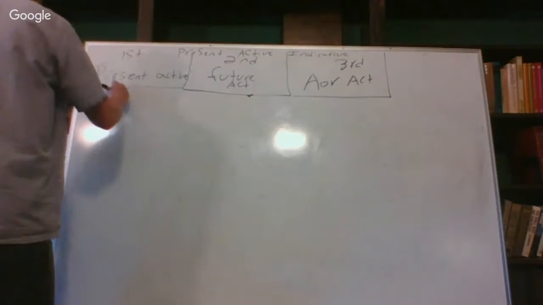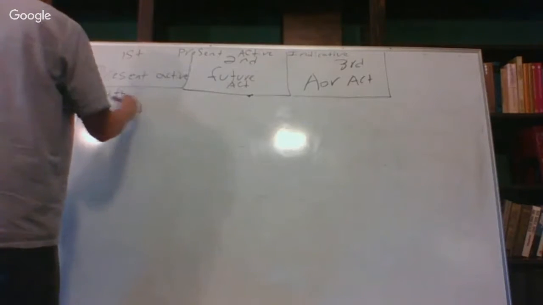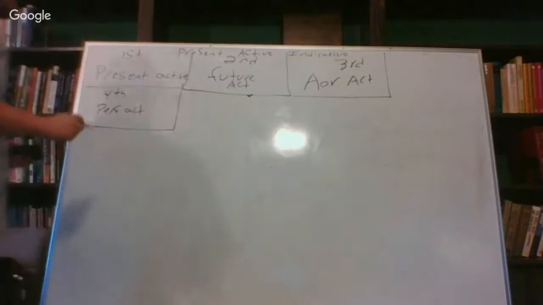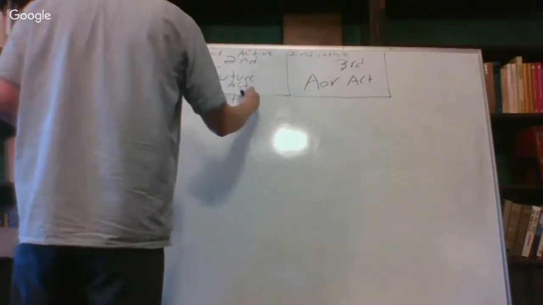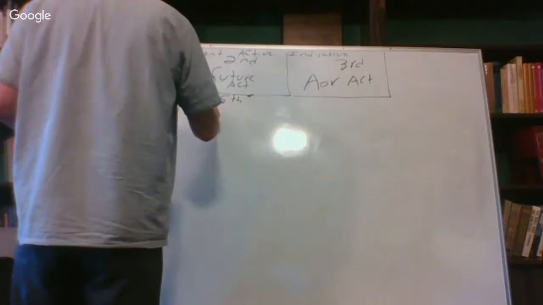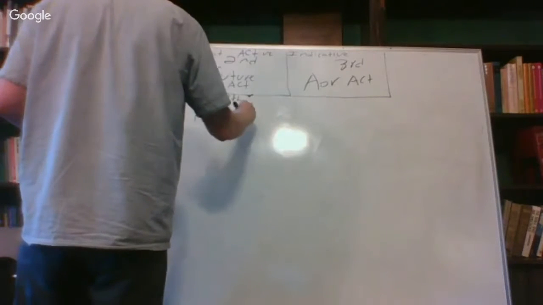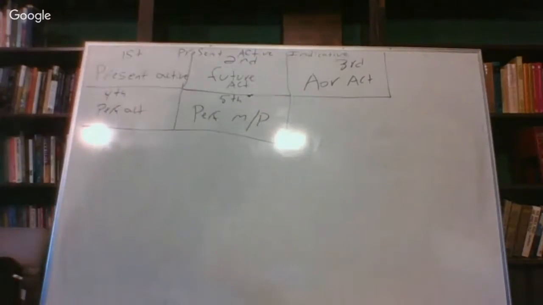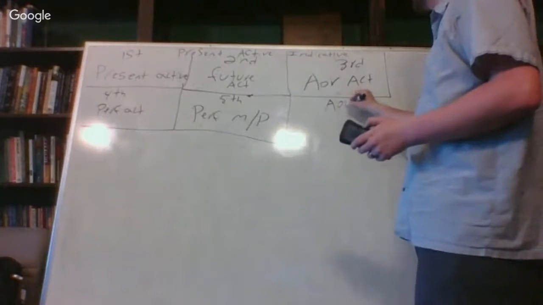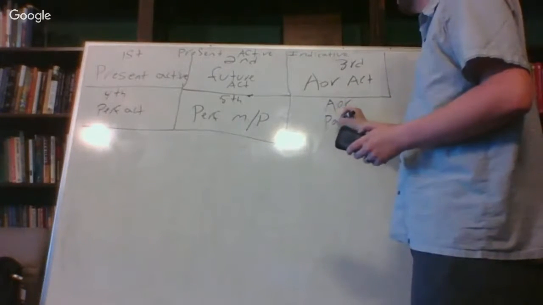The fourth principal part is the perfect active. The fifth principal part is the perfect middle passive. Again, we'll learn what the middle passive voice is later and why that is important. And then the sixth principal part is the aorist passive.